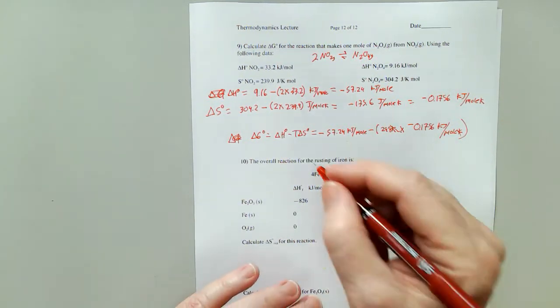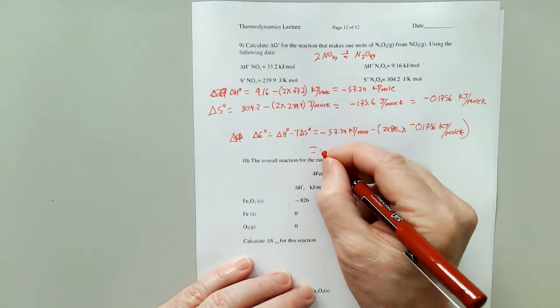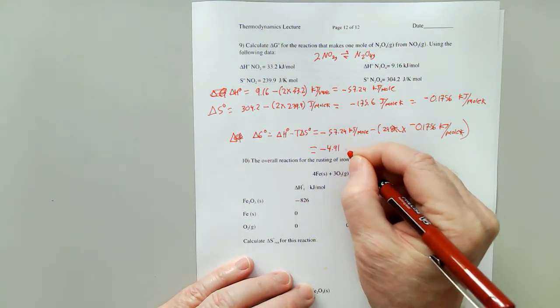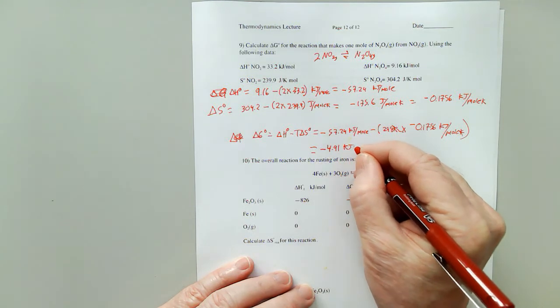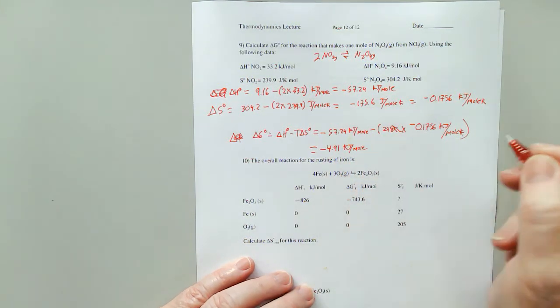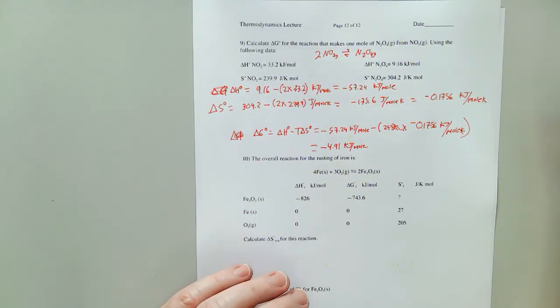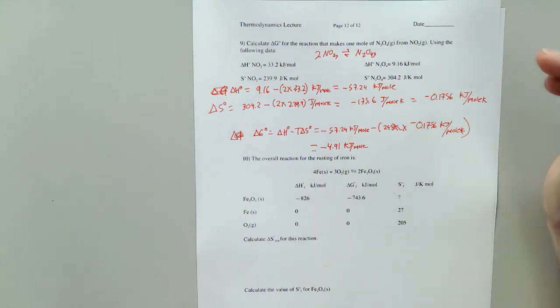They're both in kilojoules per mole, which is great, which equals negative 4.91 kilojoules per mole, which actually is in pretty nice agreement with what we saw on the last page, where it said the value was negative 4.77. So that's pretty close to it. Okay.